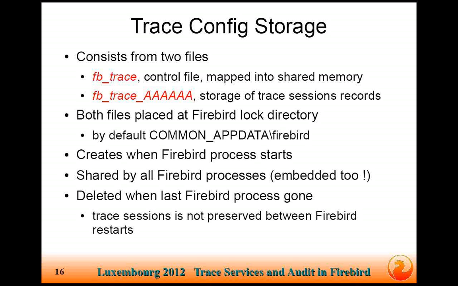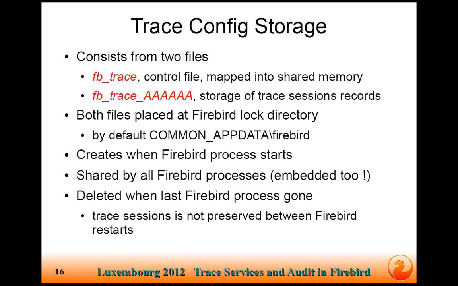A few words about the trace configuration storage. This storage is made very simple. We had choices for how to implement it. The choices we considered were database storage or maybe a set of files and so on. But database storage was not accepted, because Firebird has no central database where we can store all this trace configuration, and trace is not about work with some particular user database.